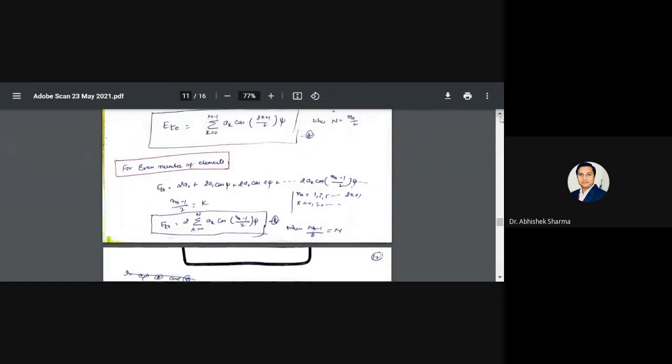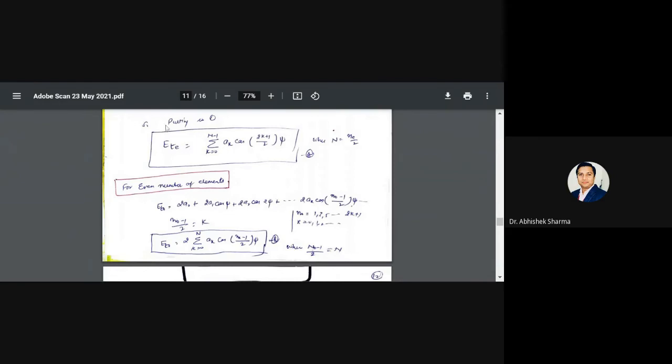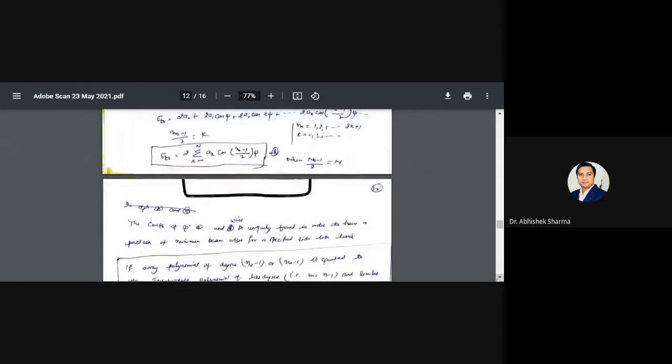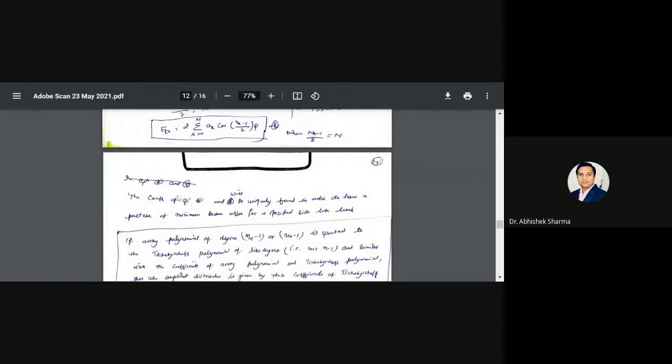So now we have the field due to even elements and odd elements. From these two equations, the coefficients of equations A and B will be uniquely found in order to have a pattern of minimum beam width for a specified side lobe level.